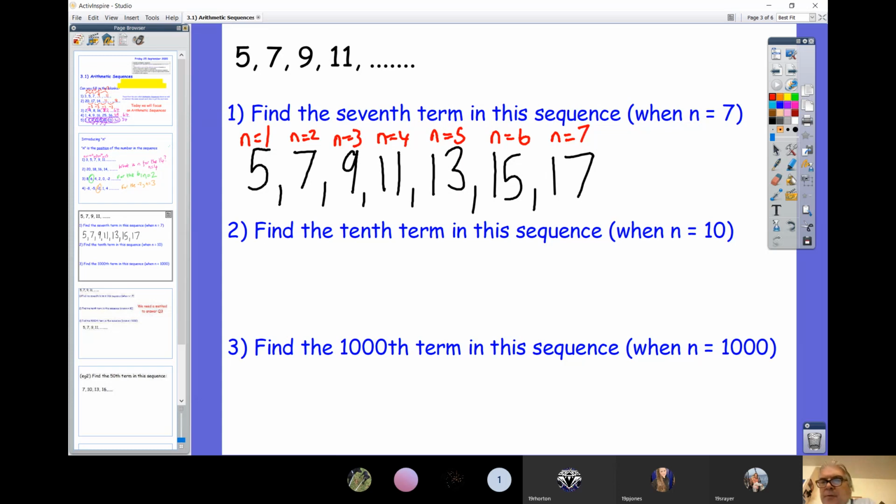So what's your answer for the first one? Yes, the number 7. So find the 7th term in this sequence. Well, that's easy. We just carried on adding 2 on, and we've got to 17. Absolutely easy. Okay, and find the 10th term. That's no big deal.